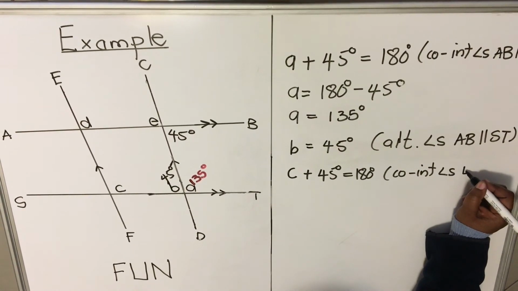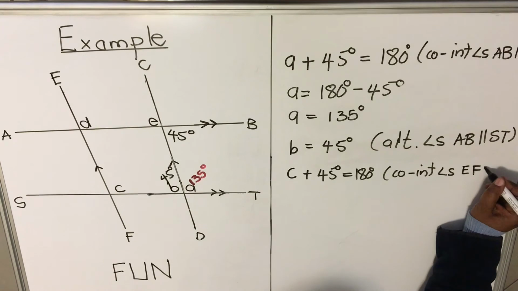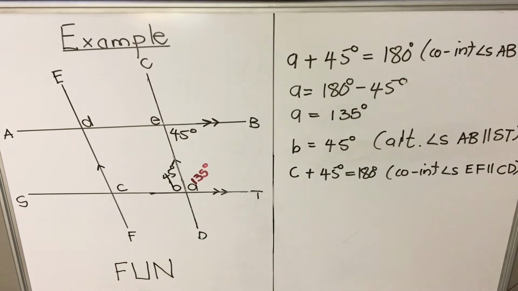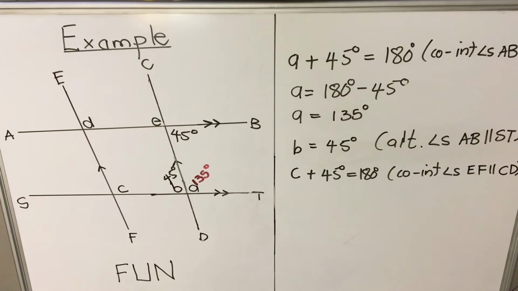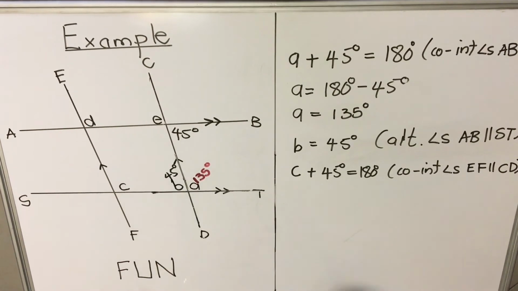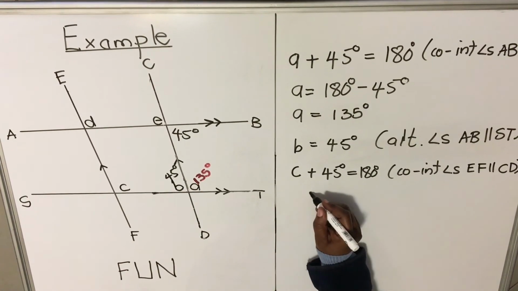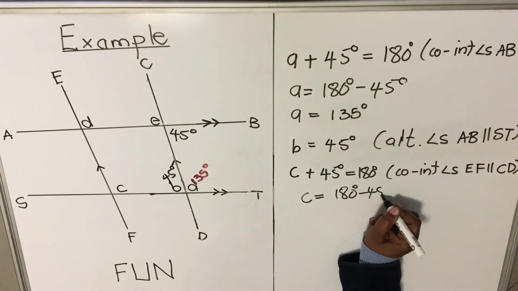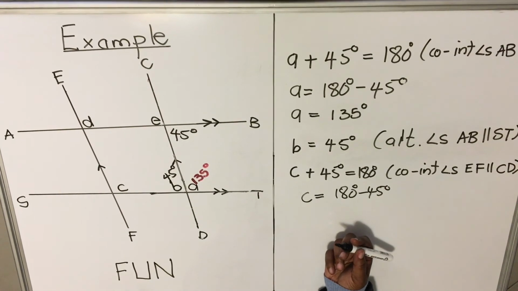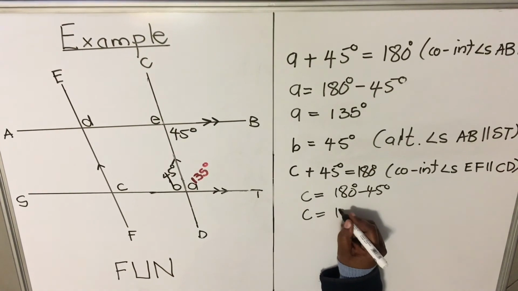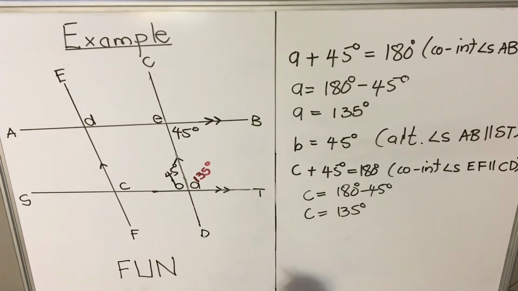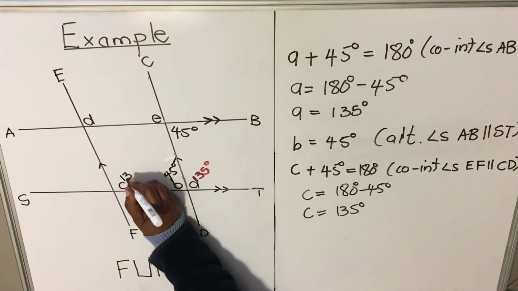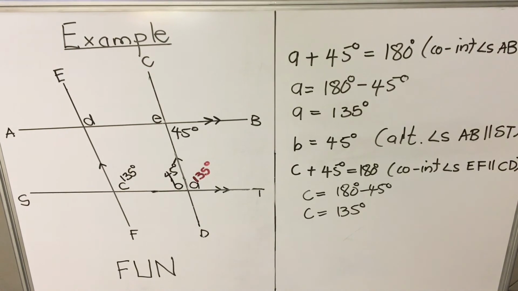So line EF is parallel to CD. Go to your diagram, put that value. No, not yet. You have to calculate it. So C is equal to 180 minus 45. So C is equal to 135. Diagram, 135.